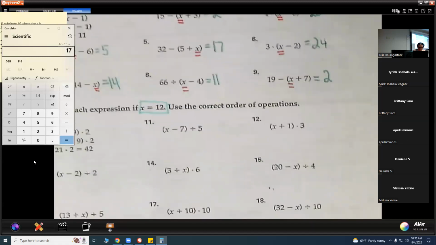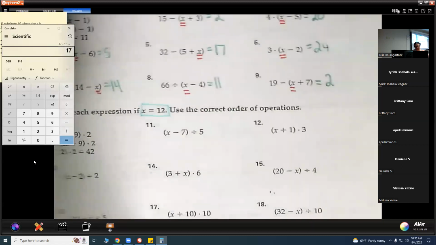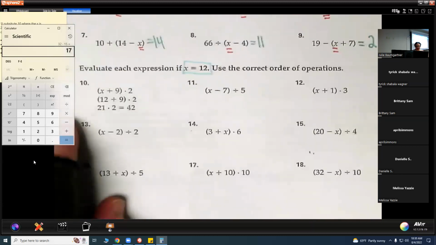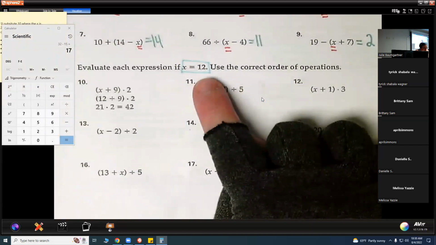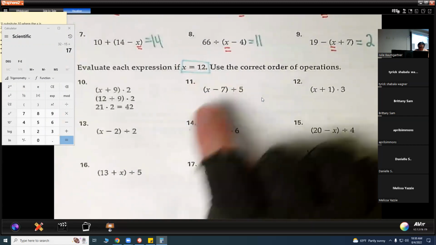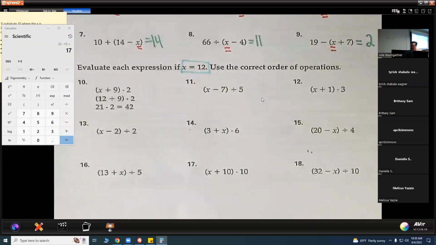Was everyone able to finish 10 through 18? If not, go ahead and start on at least 11 through 18. Go ahead and try the next set. So remember, now x equals 12. We're just doing the same thing.